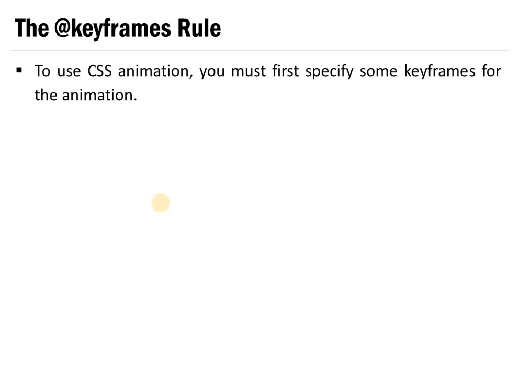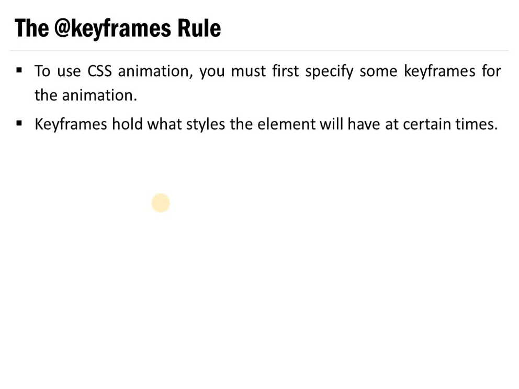Now there is my HTML element and there is an animation, but how will I bind them? How will I make sure this animation is bound to this particular HTML tag? So here come your keyframes. They help you bind your particular HTML element with your particular animation.